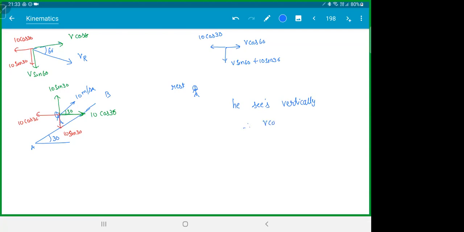Therefore, V cos 60 should be equal to 10 cos 30. V is equal to 10 root 3 meters per second. So this is the actual speed of the rain, everyone. Check. So the rain is actually falling at 10 root 3 meters per second at an angle of 60 degrees with the horizontal. This is how we found the actual velocity of the rain.